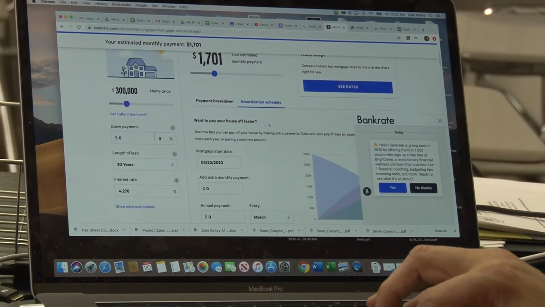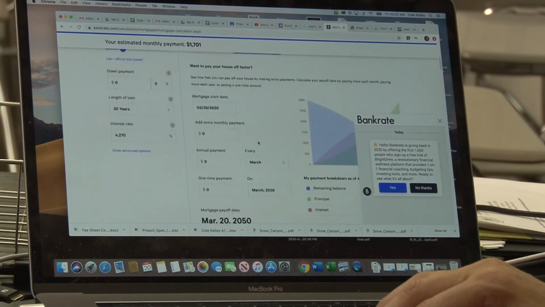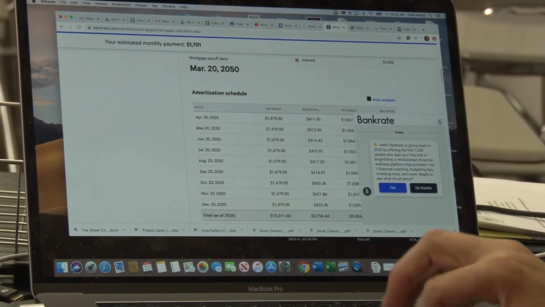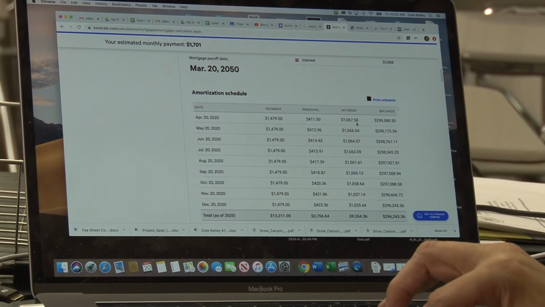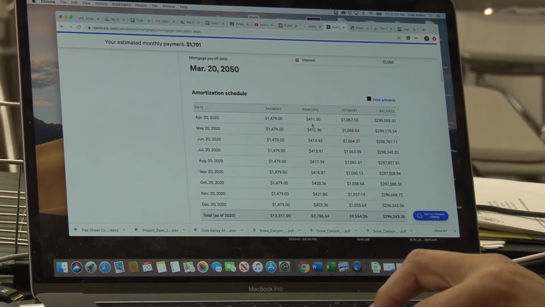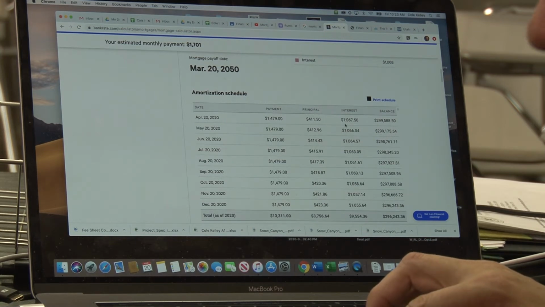But here's what I want to emphasize. Here's that amortization schedule. Remember, we did this with car loans, and if we go down to the bottom of this, this is where your amortization schedule is, and they're doing it month by month. But I want to show you this. Your payment is $1,479 a month. This is how much goes to principal. This is how much goes to interest. So you only have $411 of that payment going to principal. $1,067 of that goes to interest.